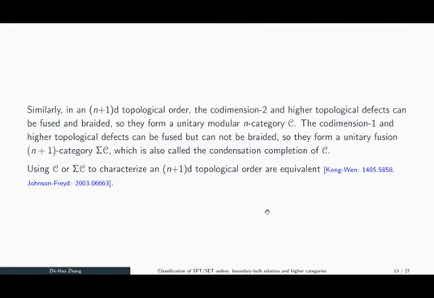But if you consider the codimension 1 and higher topological defects, you must include the string-like topological defects, though they can only be fused but cannot be braided. So they form a unitary fusion (n+1)-category, ΣC. This is also called the condensation completion of C. And as in 2D, using C or ΣC to characterize the (n+1)D topological order is equivalent.